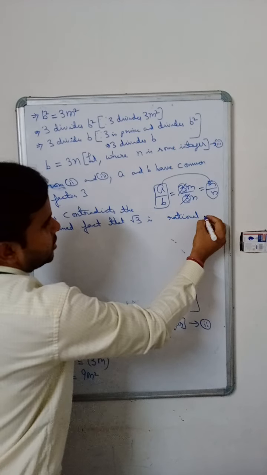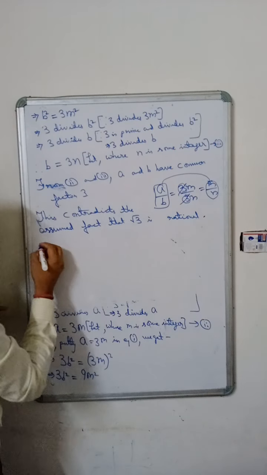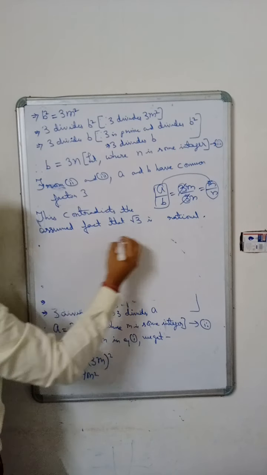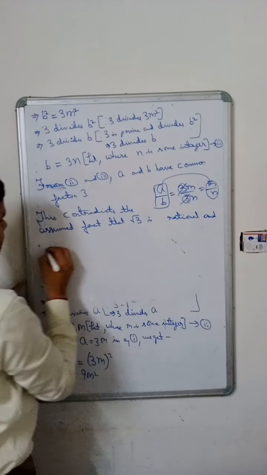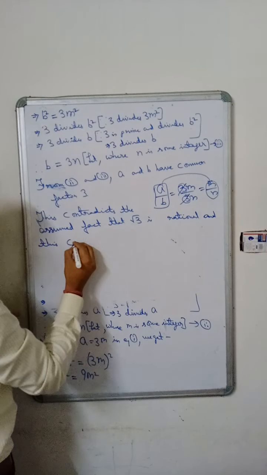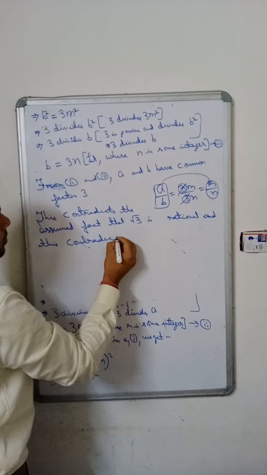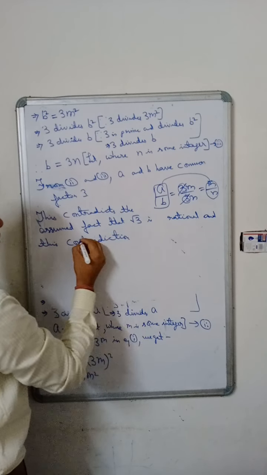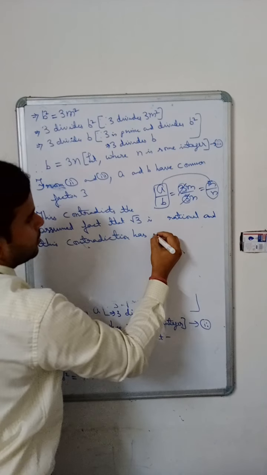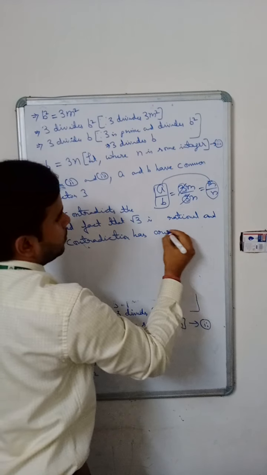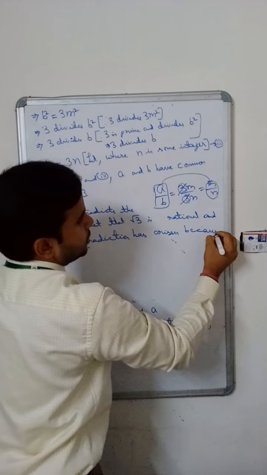Root 3 is rational, okay? This contradiction has arisen because of our wrong assumption.